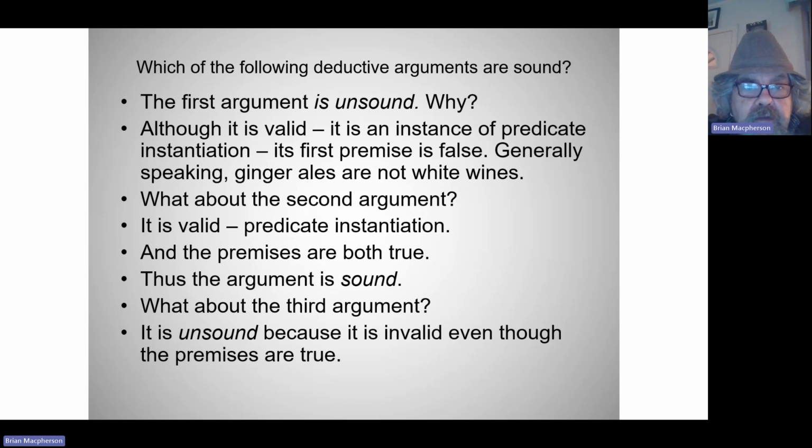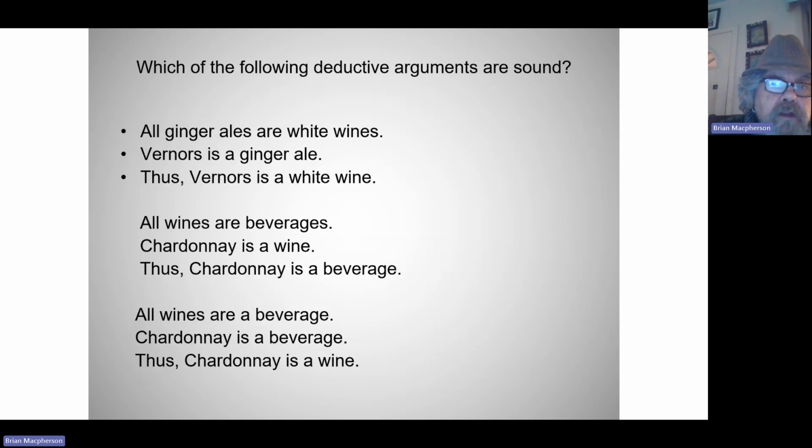It is valid, predicate instantiation, and the premises are both true. So that argument is sound. So clearly, the top argument is unsound, even though it and the second argument are both valid. The premise in the first argument is false, so it's unsound. The argument below it is sound because it's valid and the premises are true.